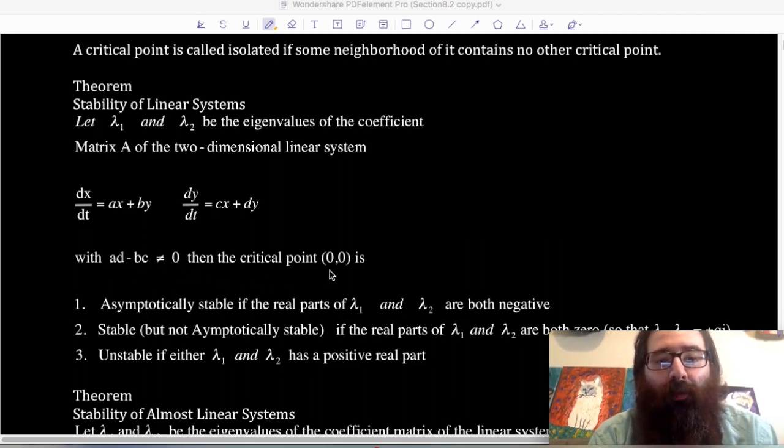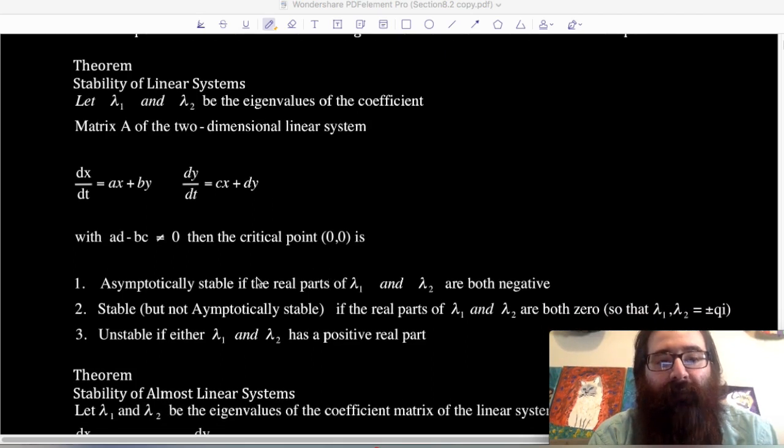Then the critical point at (0, 0) is asymptotically stable if the real parts of lambda sub 1 and lambda sub 2 are both negative, stable but not asymptotically stable if the real parts of lambda sub 1 and lambda sub 2 are both 0, so that lambda sub 1 and lambda sub 2 are just plus or minus qi, and unstable if either lambda sub 1 or lambda sub 2 has a positive real part.